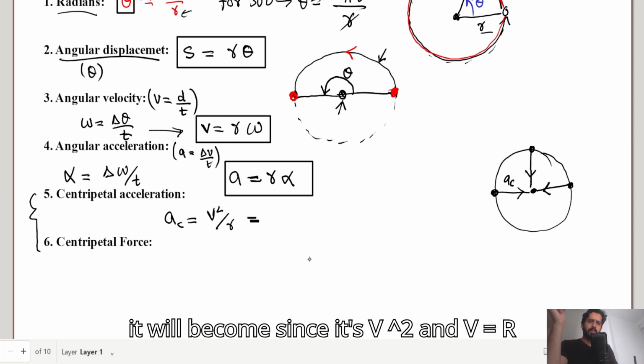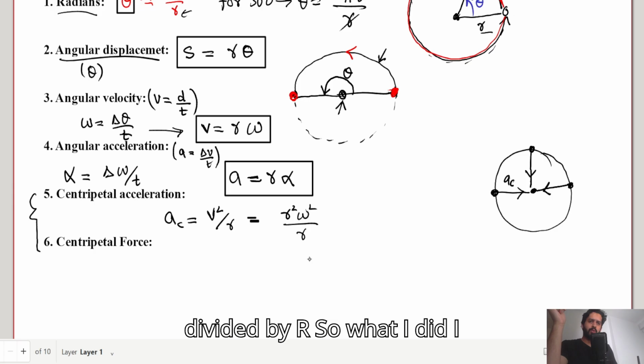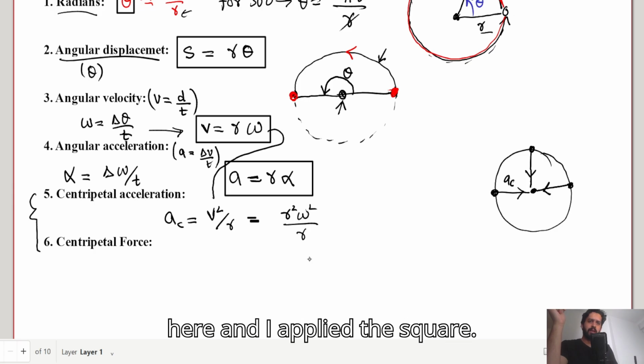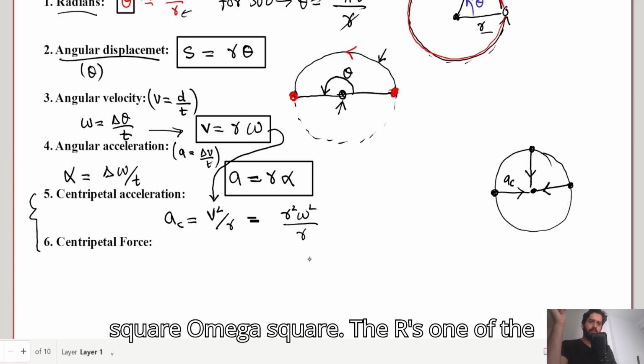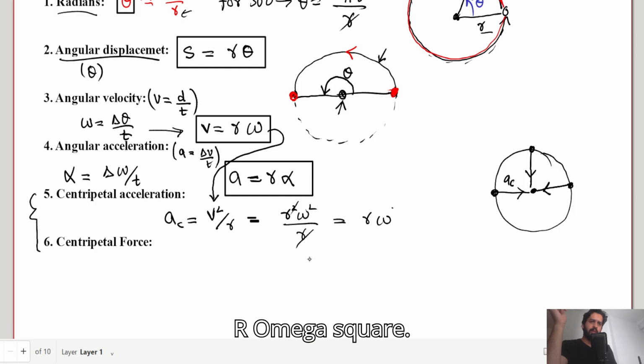Since it's v square and v equals r omega, we'll have r square omega square divided by r. So what I did, I substituted v equals r omega here, and I applied the square. So the square will act on r and omega, r square omega square. One of the r's will cancel, and you'll get AC equals r omega square.